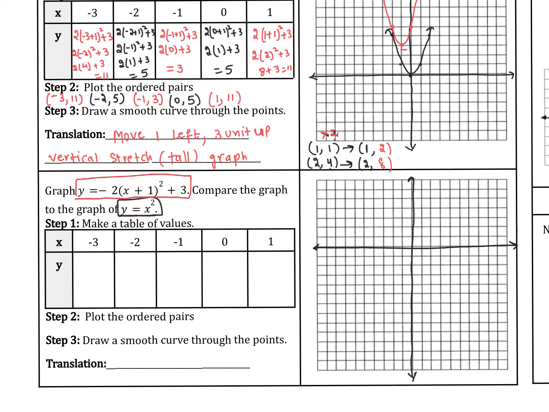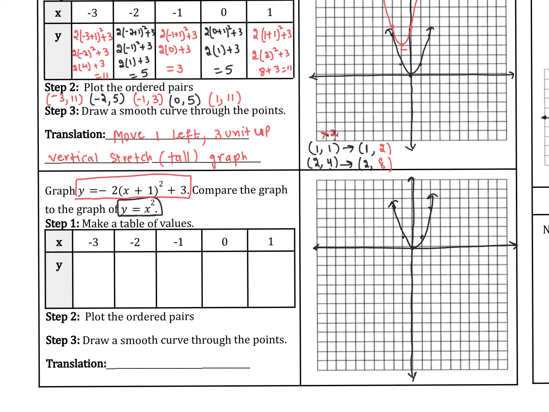So our regular graph is starting at (0, 0), and then it's (1, 1), then (2, 4). And that's our regular graph facing up.